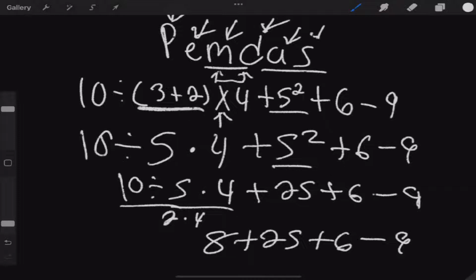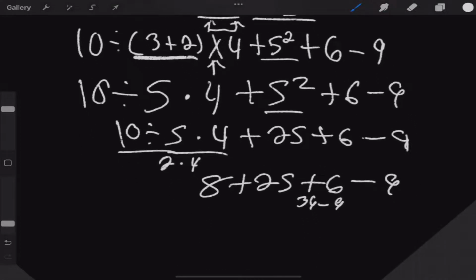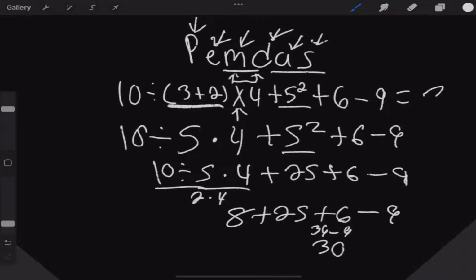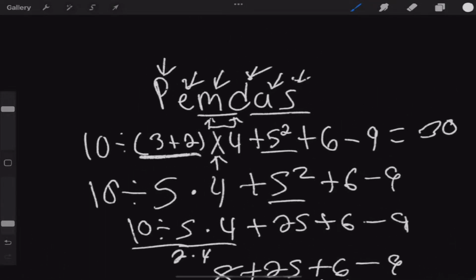Addition, subtraction. They're interchangeable. You could do your subtraction first or your addition first. It depends on whatever falls to the left. So here we have 8 plus 25, which is 33. My apologies. 33. And then we add our 6, which is 39. So we have 39, we bring down our subtraction, and we get 30. So this equation right here, up here, equals 30.